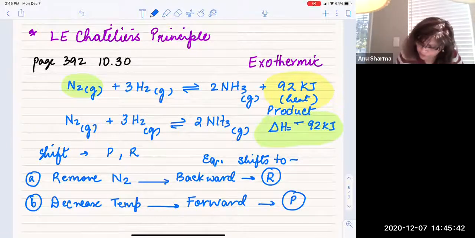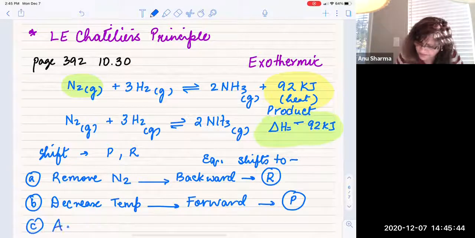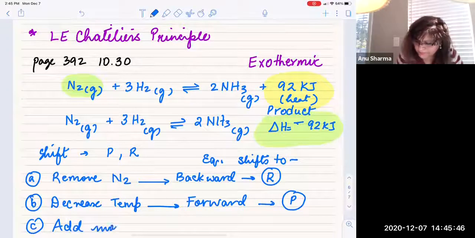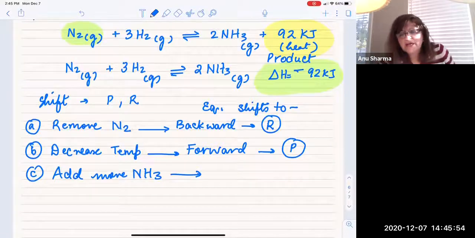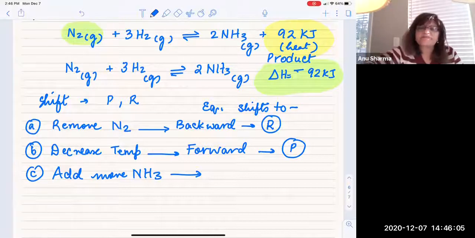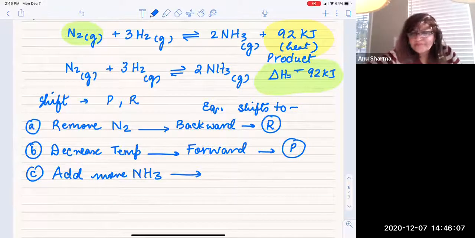Next is you add more ammonia, NH3. So now you are adding from outside, you bring from your side, more ammonia into the system. Now which direction is it moving?